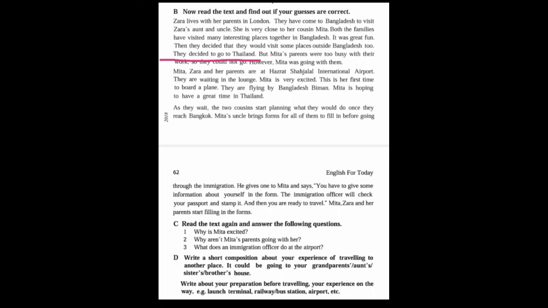They decided to go to Thailand. We can make the sentence complex like they decided that they would go to Thailand. And the sentence before, then they decided that they would visit, we can go for a simple form. They decided to visit some places outside Bangladesh too. I'm talking about the sentence I told you earlier.